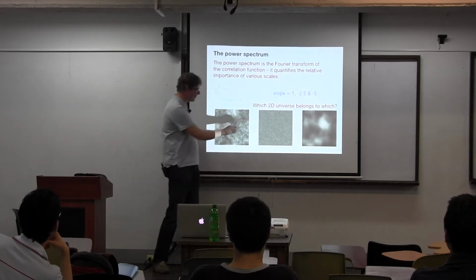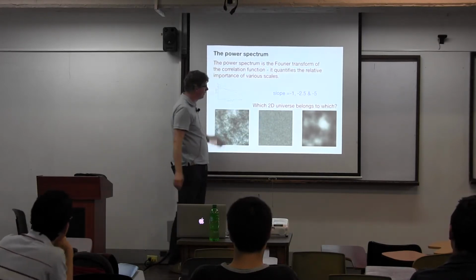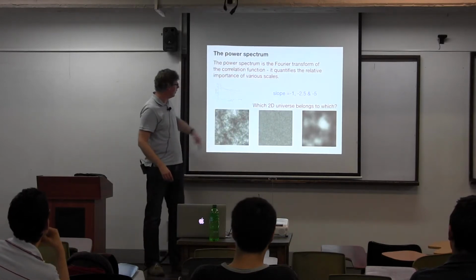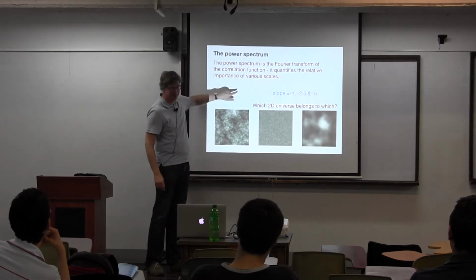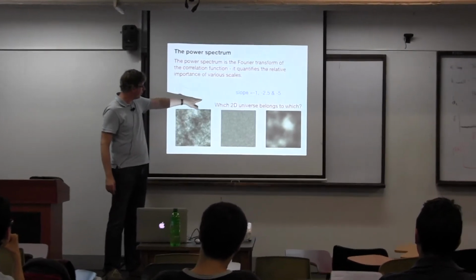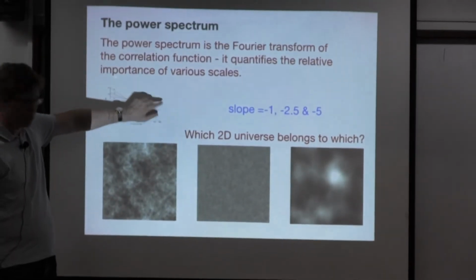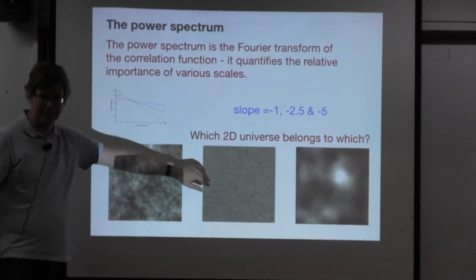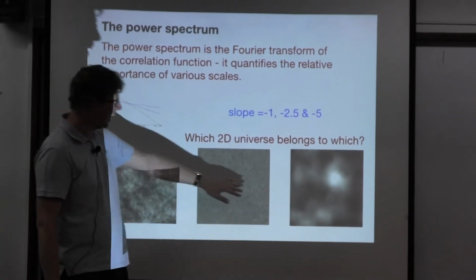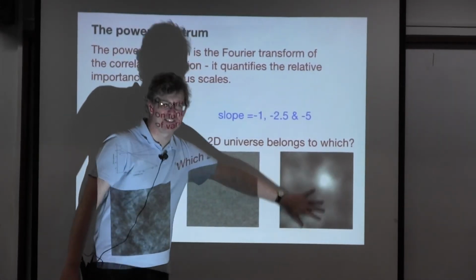So here there are a lot of wiggles on very small scales, which means that this one has to have a lot of power on this end, at large k values. So the blue one has the most power on this end, so this has the most small scale wiggly bits. And then, of course, I'm not going to ask you about the last one because now you've figured it out. This has only large-scale structure.